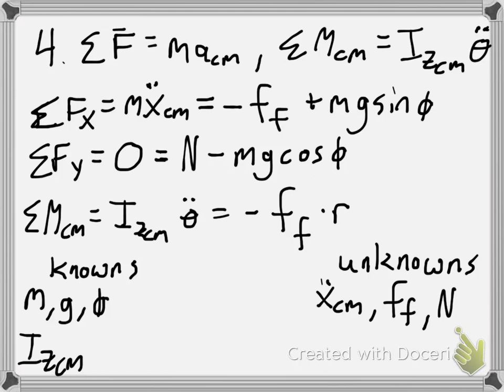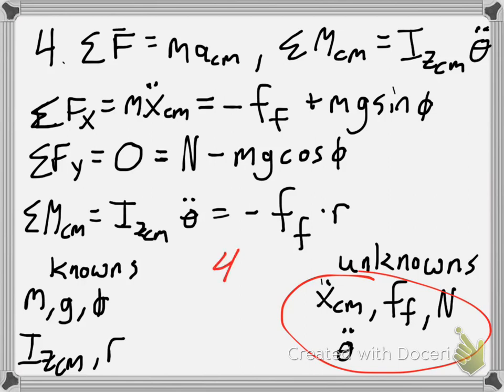Theta double dot. Unknown. And then the radius, R, known. So here we've got, if we look at this, right, we've got 4 unknowns. But we have 3 equations. Okay, so we need a constraints equation.